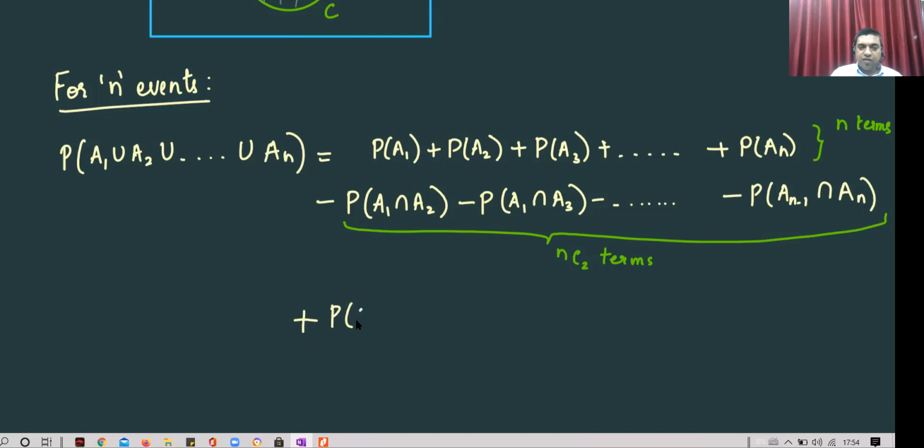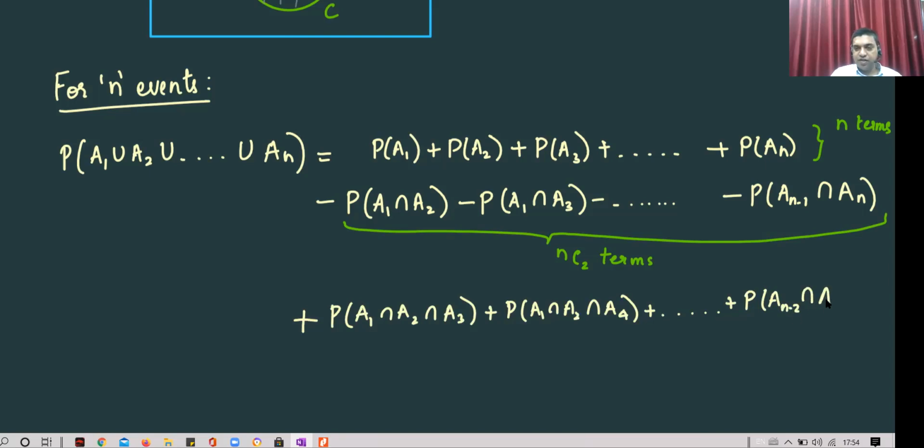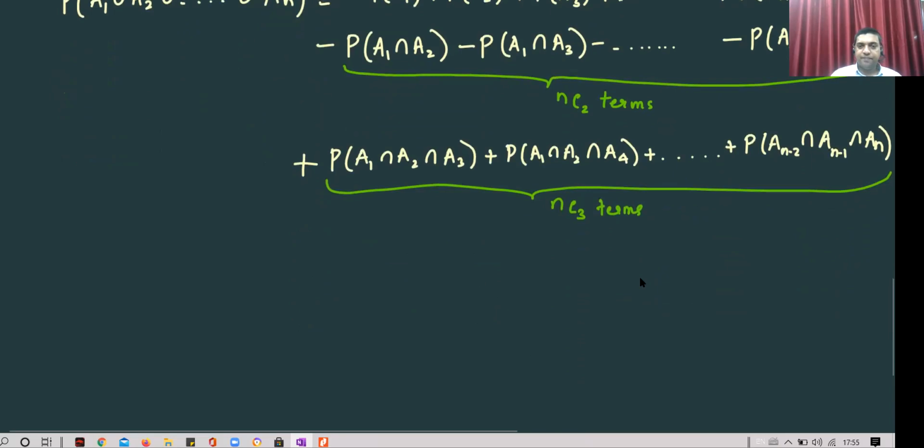Then you will have P of A1 intersection A2 intersection A3 plus P of A1 intersection A2 intersection A4, so on, plus the last, A n minus 2 intersection A n minus 1 intersection A n. How many terms? NC3 terms.